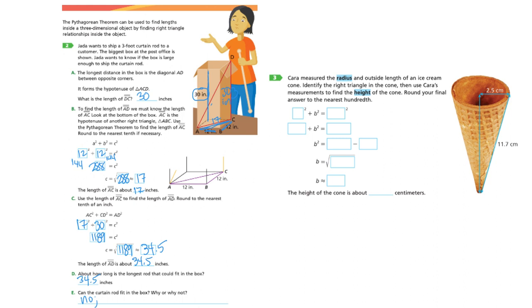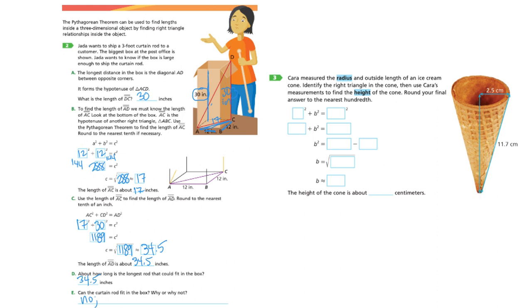So then number 3, Kara measured the radius and the outside length of an ice cream cone. So here's the radius. Remember, that's half the diameter of a circle, and then the outside length right here. Then use Kara's measurements to find the height of the cone. So in this case, they give you the hypotenuse, and they give you one of the legs, and you're trying to find the other leg.